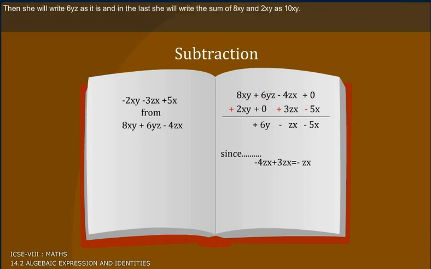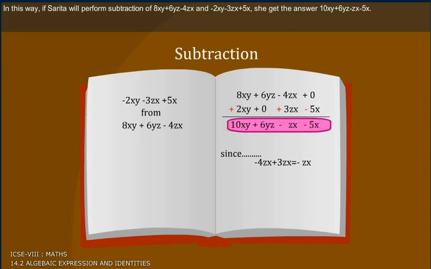Then she will write 6yz as it is, and in the last, she will write the sum of 8xy and 2xy as 10xy. In this way, if Sarita performs subtraction of 8xy plus 6yz minus 4zx and minus 2xy minus 3zx plus 5x, she gets the answer 10xy plus 6yz minus zx minus 5x.